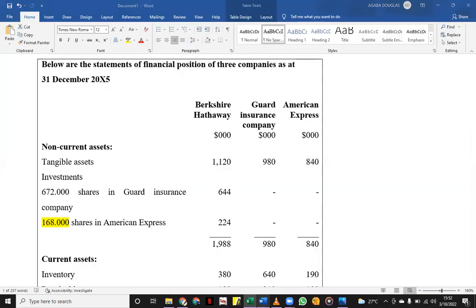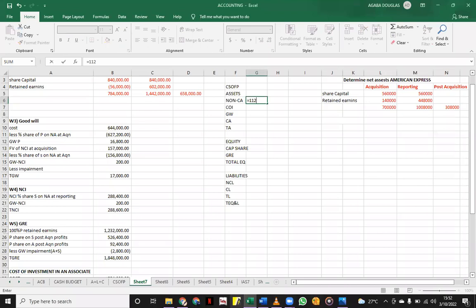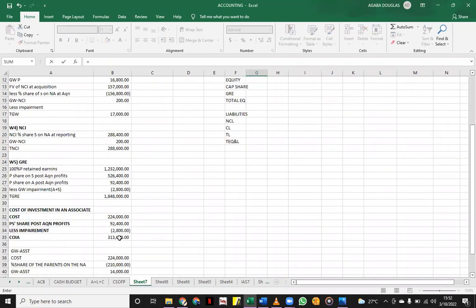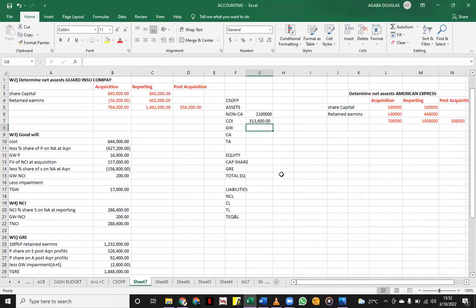We need to be certain of the figure. Okay, 120 plus 980,000. Okay, our cost of investment, we have it already, so we'll simply come and pick it up from here. And then we have our goodwill as well, so we'll come and we'll put it up here.